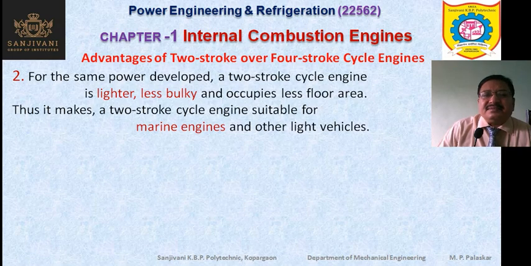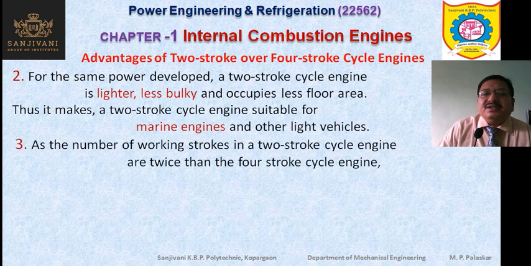The size of this engine for the same power developed will be less as compared to the 4-stroke cycle engine. So due to this, the 2-stroke engine is preferred in marine engines and other light vehicles.